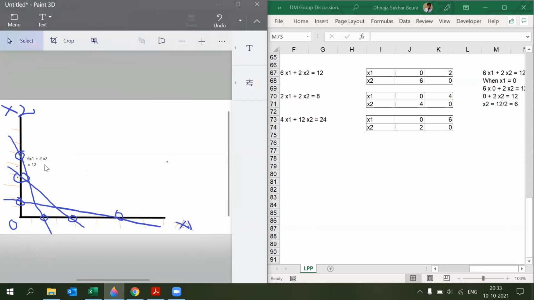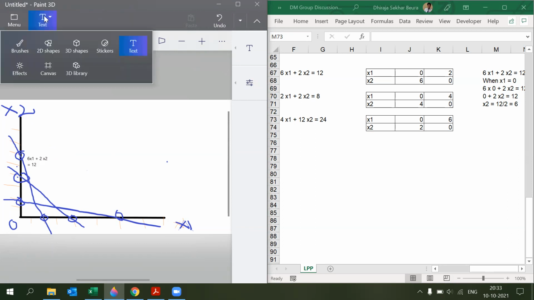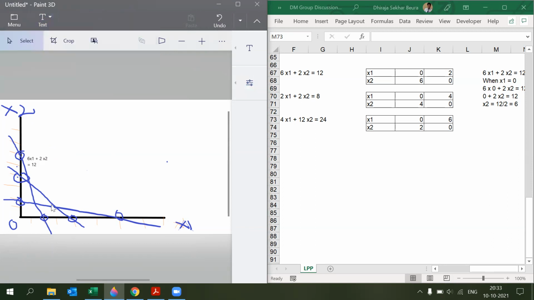Okay, so this one is 6x1 plus 2x2 is equal to 12. Next we have the second one. Which one was the second one? Yeah, this one. I would rather actually write it. Becoming messy.